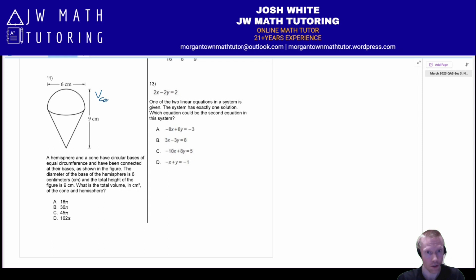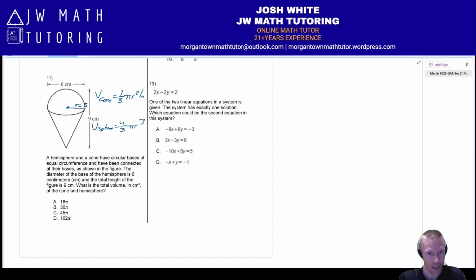So for the cone, you've got 1/3 pi r squared h. For the sphere, you've got 4/3 pi r cubed. Now, notice here the 6 centimeters is the diameter of both the cone and the sphere, which means that the radius will be 3, because it is half of the diameter.